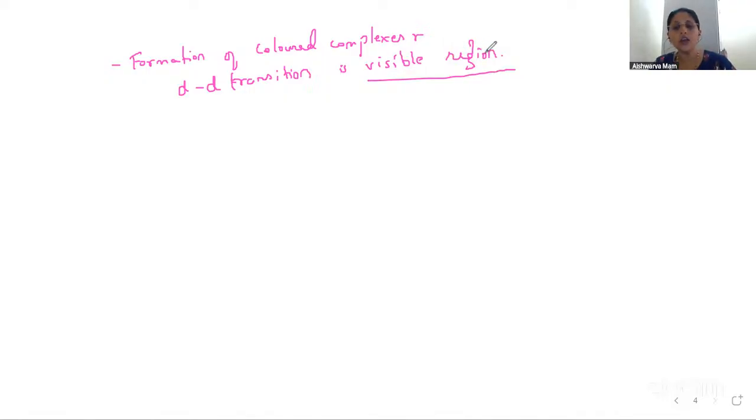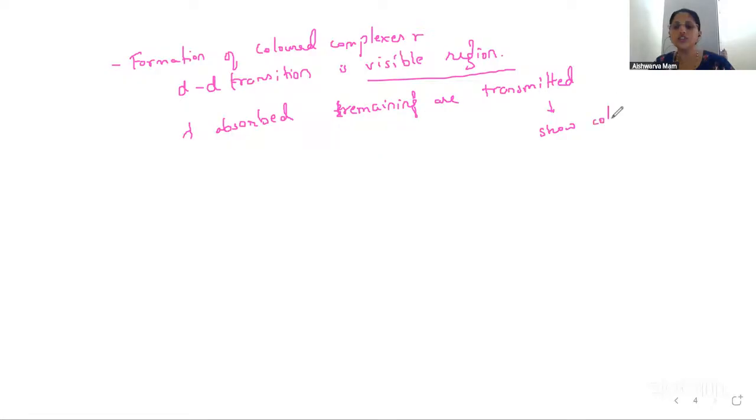So a particular light energy of definite wavelength is absorbed, and the remaining wavelengths are transmitted. The wavelengths which are transmitted show the color.